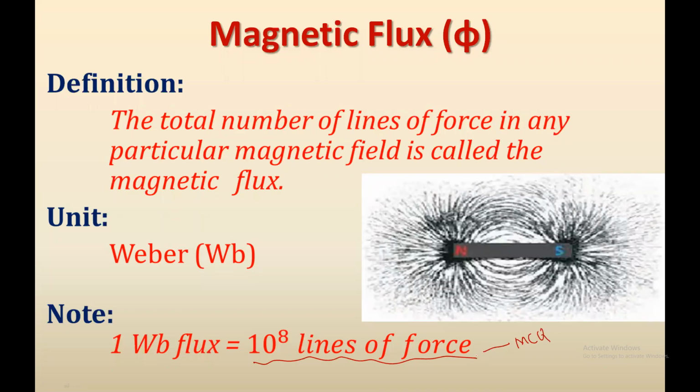Flux is nothing but the total number of lines of force in a magnetic region, and 1 Weber of flux is 10 raised to 8 lines of force. So please try to remember these things. This is the next term of the magnetic circuit.